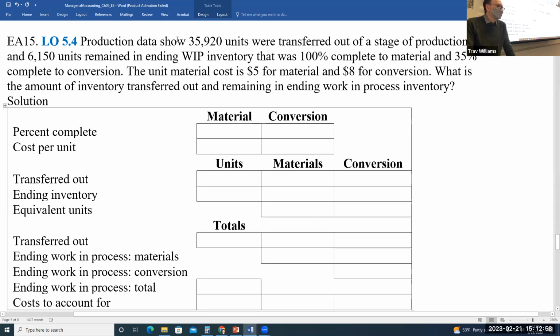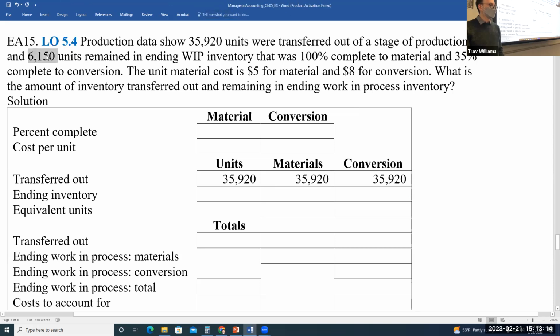Okay, so we have 35,920 units transferred out. We can put that in transferred out, all three columns. We have 6,150 units still in work in process. So we're going to put that under ending inventory. But not for conversion, right? Because we have to calculate that.